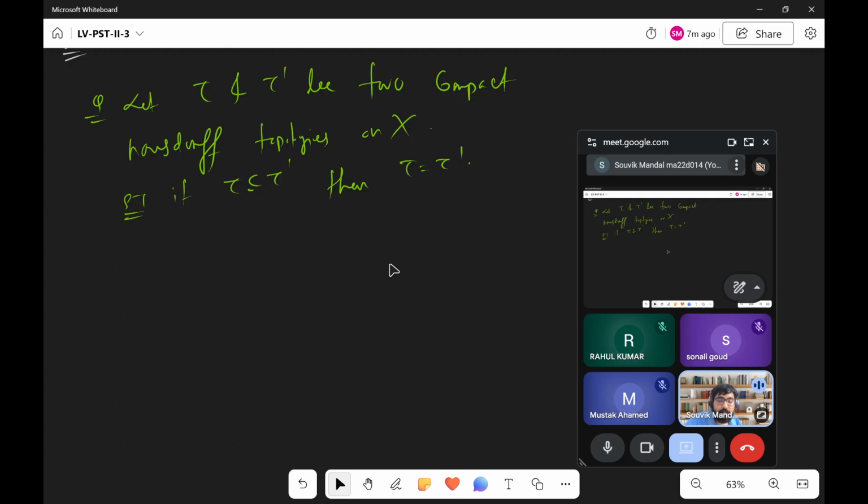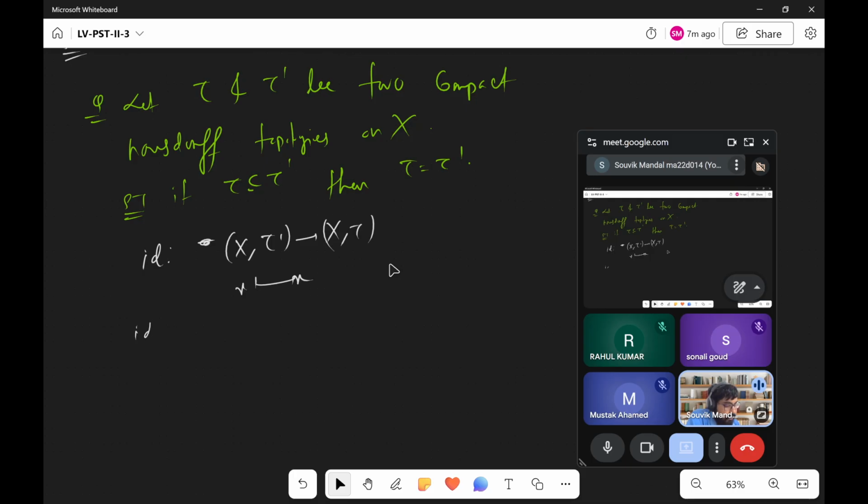Okay, so one minute. In order to show this, we need to construct the identity map from (X, tau prime) to (X, tau), x going to x.